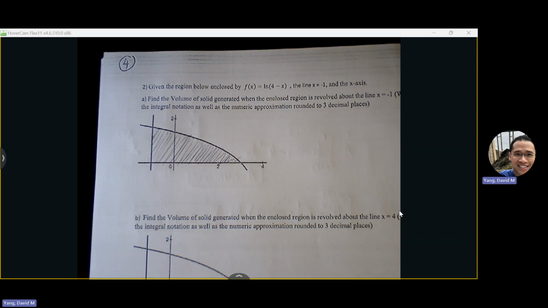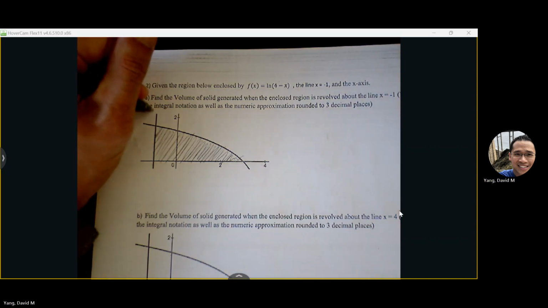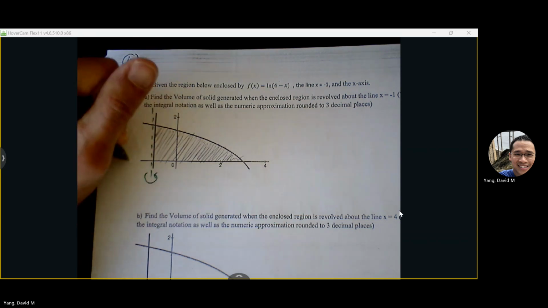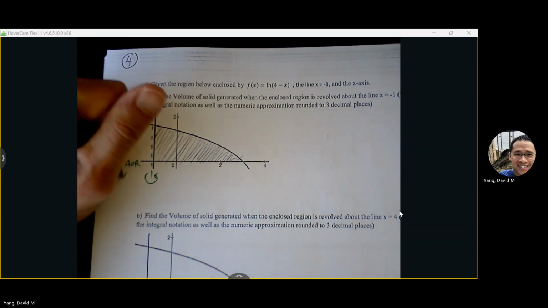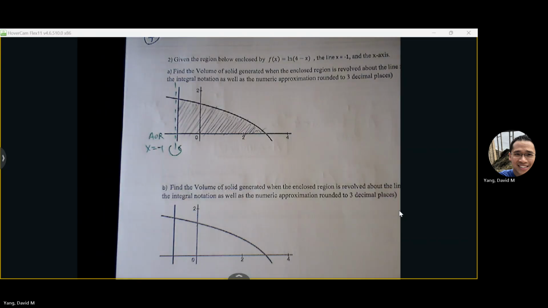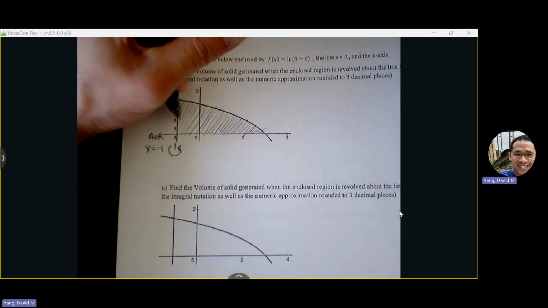Good. So most of you are setting it up as disk method and horizontal radius, which also means we have to rewrite our equation. Okay, no gap.